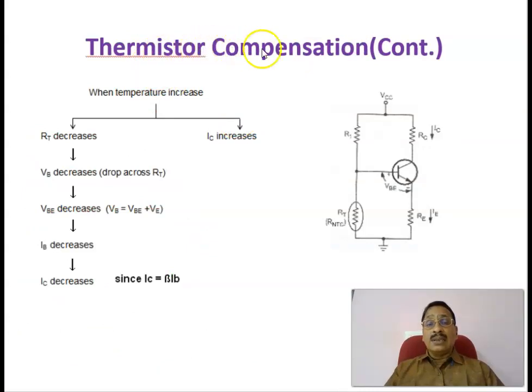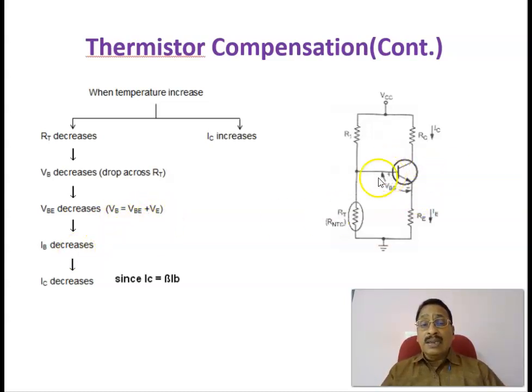Same thing, thermistor compensation continued here. Same circuit is there, just to explain a little more. When temperature is increasing, what happens? As temperature increases, RT reduces because resistance is inversely related to temperature. As RT decreases, the voltage drop across RT gets reduced, or the base to emitter voltage VBE of the transistor reduces, as per this equation.